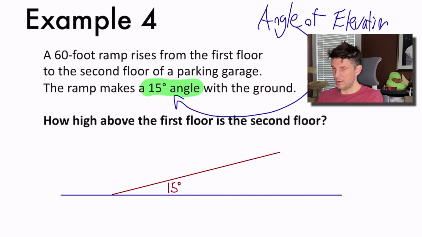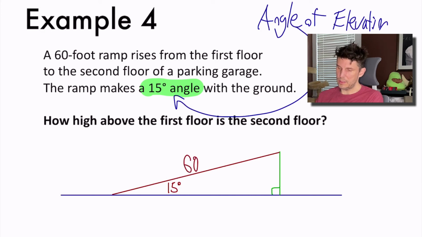Okay, and then we're going to have the second floor of the garage right at the top of that line. So let's put in another side to this triangle. And all right, so we have that, and we know that the ramp itself is 60 feet.